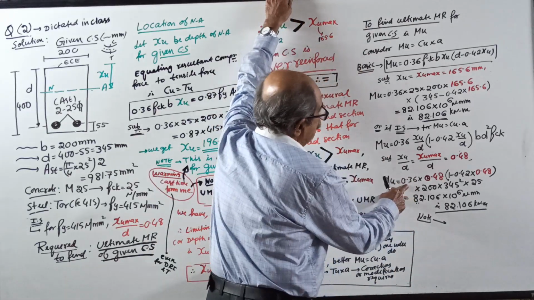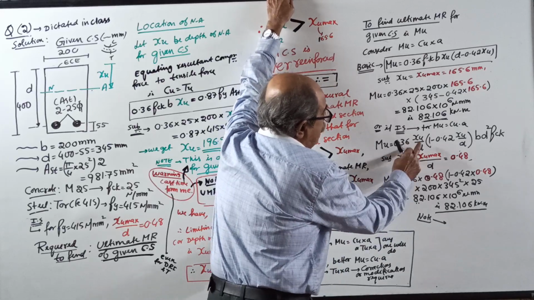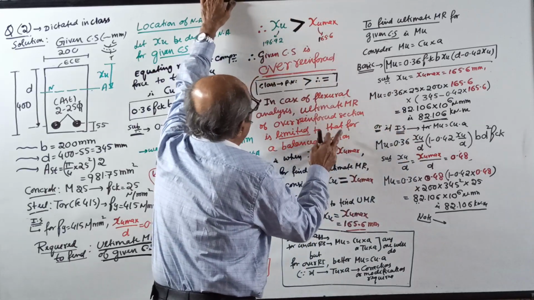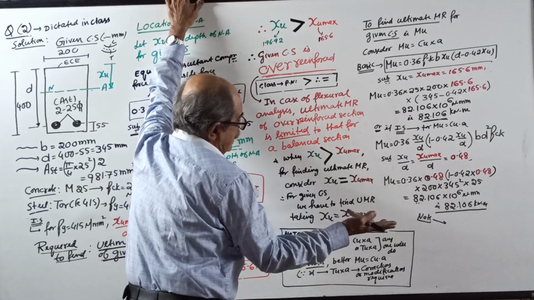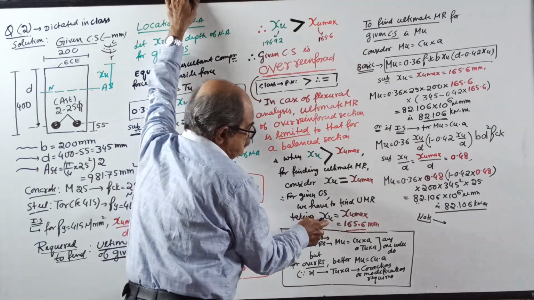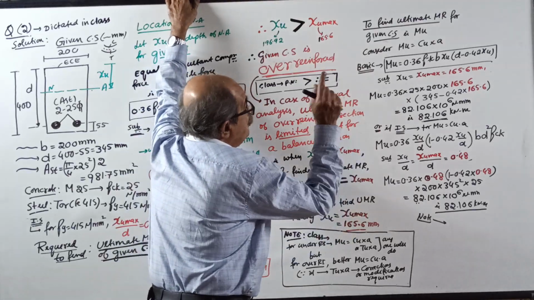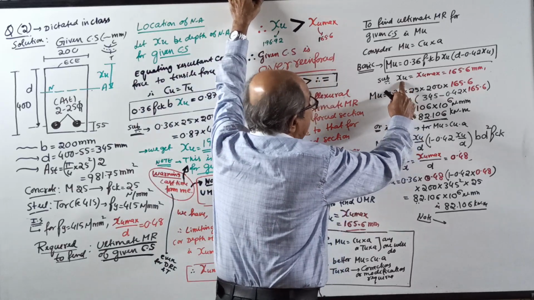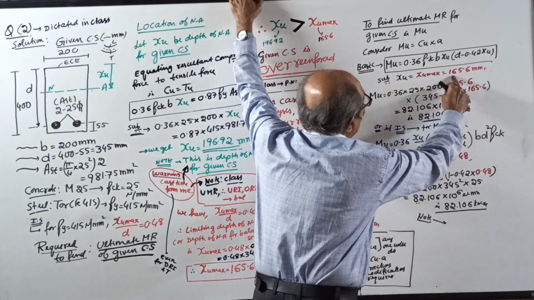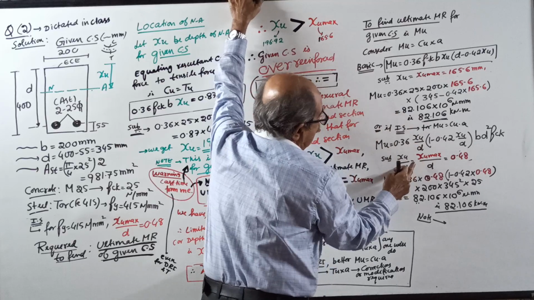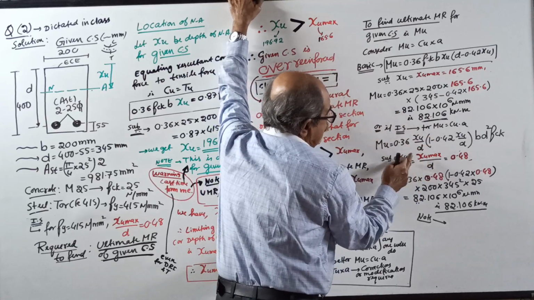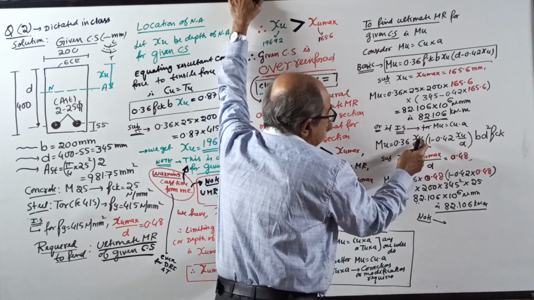Okay. Substitute. XU by D is there. You are taking XU equal to XU max, right? If you want, write here: we are taking XU equal to XU max. Therefore, we want XU by D here.